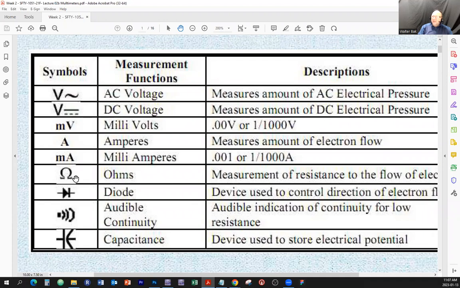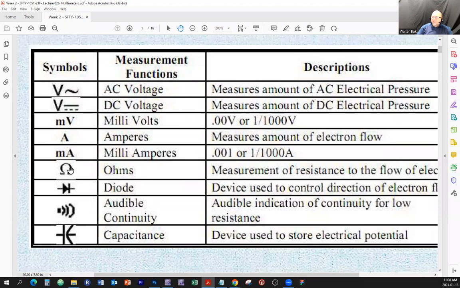You can't measure impedance with that setup here. This is only going to measure the ohms, the resistance, and only the passive resistance, like for example a regular resistor that you're using in your breadboards for your labs and projects.